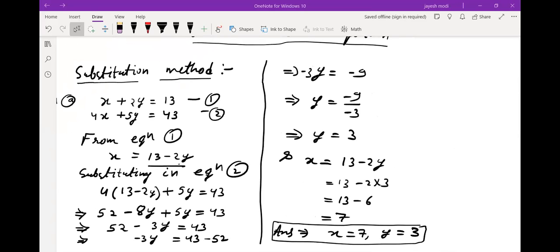So if you look at question number 1, it has similar questions.